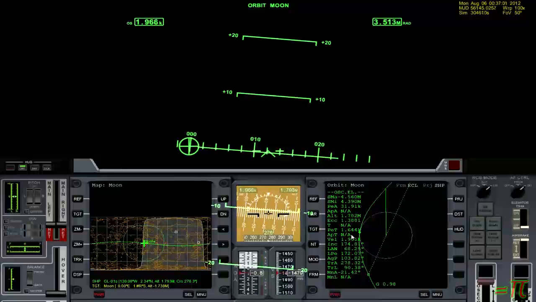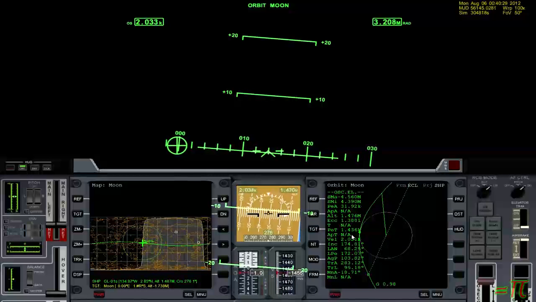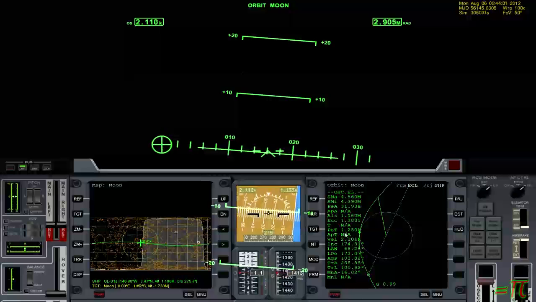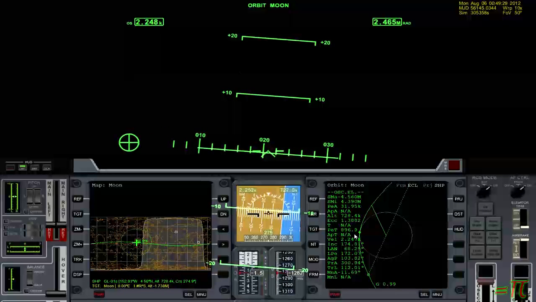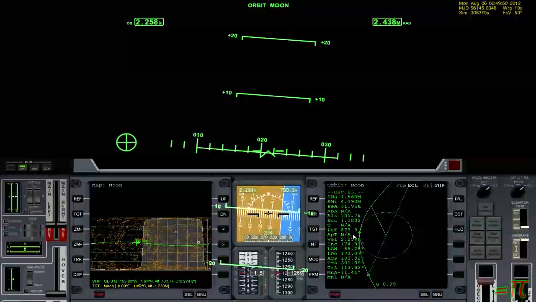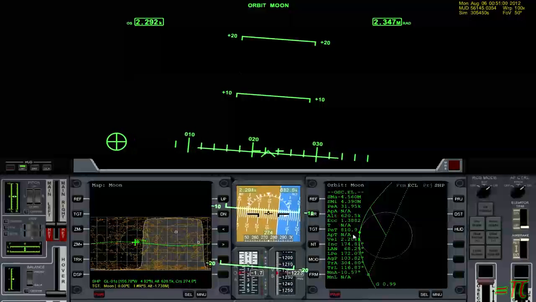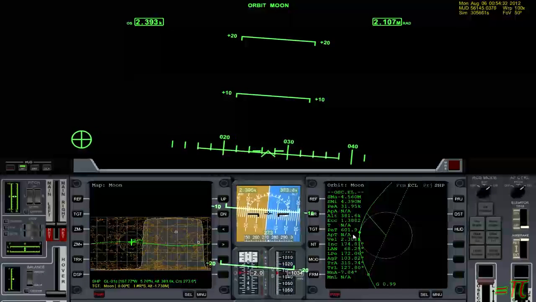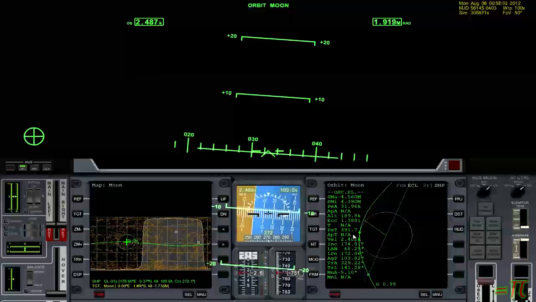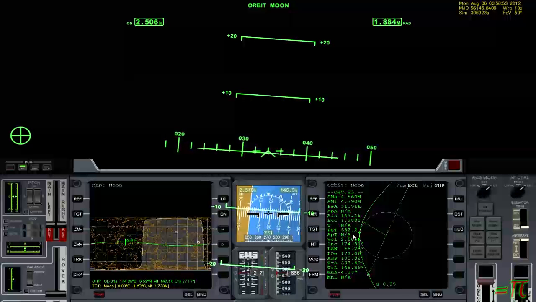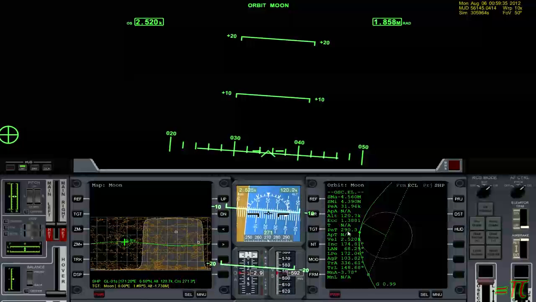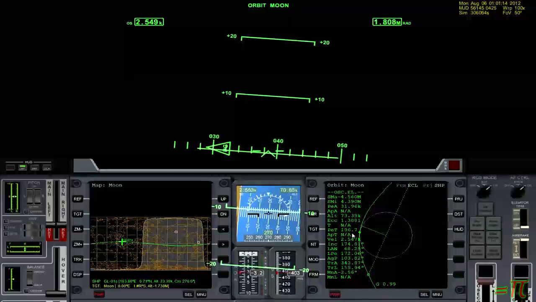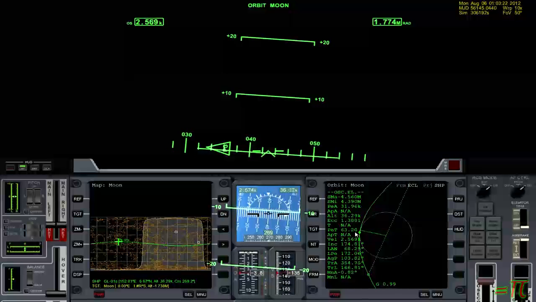Get this down. And when we reach periapsis, we'll face retrograde and do a deceleration burn. Okay, less than 5 minutes. Face retrograde.